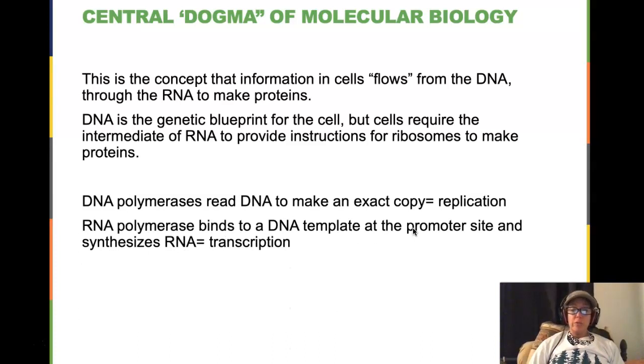In this chapter, we're going to see how the cell interprets DNA to get a copy of that genetic information into the molecule of RNA, and that is done by the enzyme RNA polymerase. So we have an enzyme building the polymer of RNA. That RNA polymerase will bind to DNA at a site called the promoter.